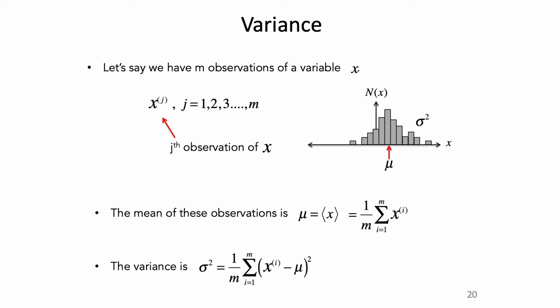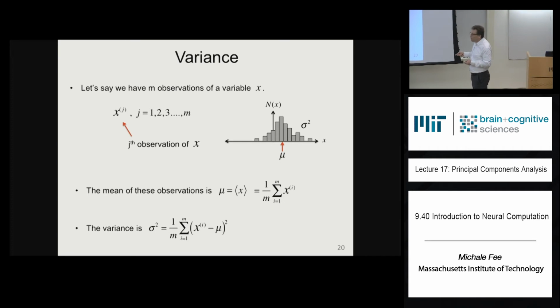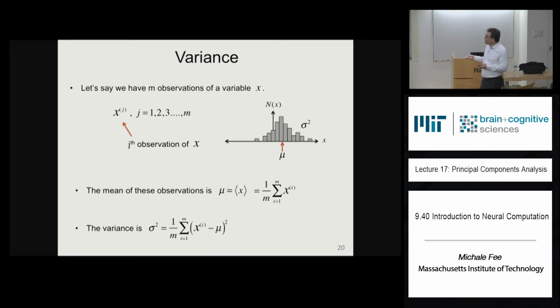You can also write down the variance of that distribution by subtracting the mean from all of those observations, squaring that difference from the mean, summing up over all observations and dividing by m.